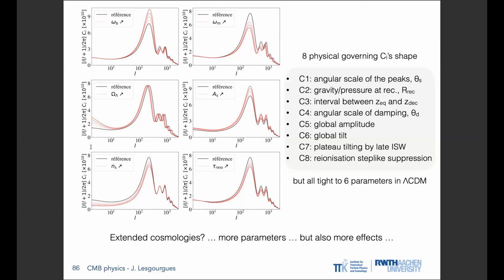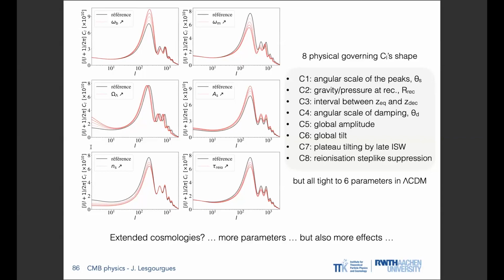And you could say, in extended cosmology, I will have more and more parameters. So at some point, the effect of some parameter will be equivalent to a combination of others. Usually, it's not the case, because in the most unlucky case, when you add a parameter, you don't change the number of physical effects at play.